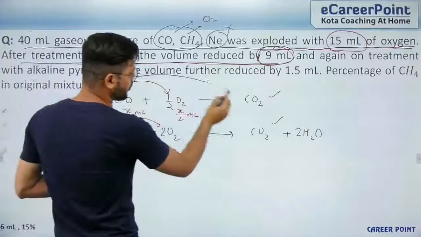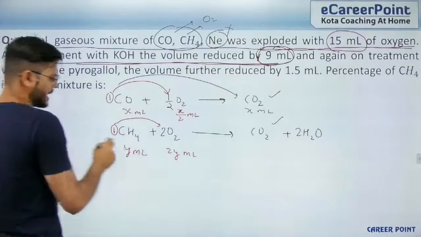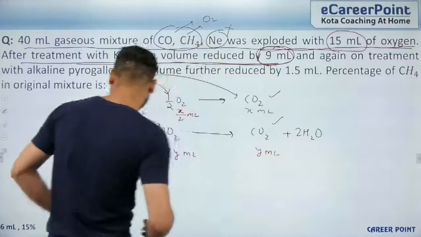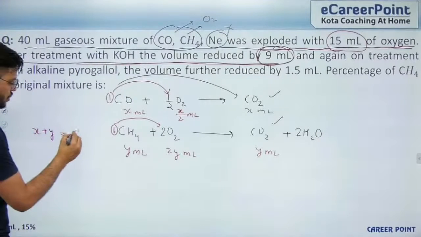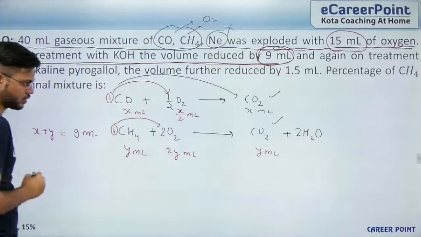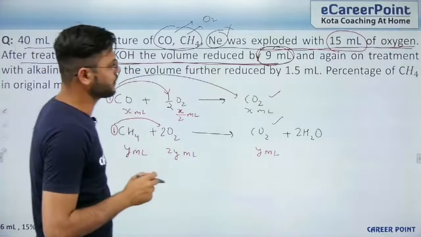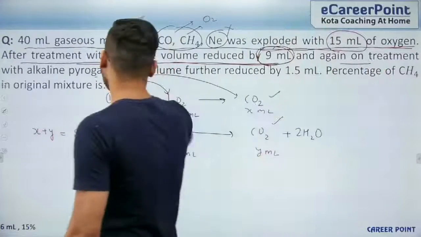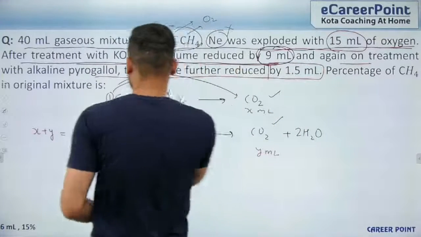So 1 ml is going to form X ml of this, and Y ml is going to make Y ml of this. So now I can have the equation X plus Y, which is the total 9 ml. Total carbon dioxide is 9 ml. And then another thing what we have, my dear students, it is saying on treatment with alkaline pyrogallol, the volume further reduced by 1.5 ml.